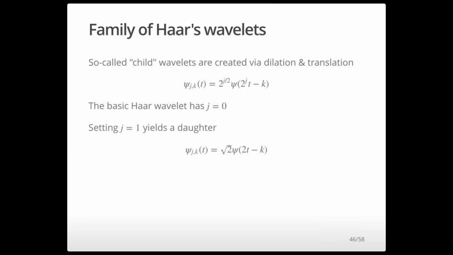So now if we make j equal to 1, we get just one of the daughters, and that daughter wavelet looks like this. Now the amplitude out here is not 1, it's the square root of 2, which is about 1.44, something like that, and we still have this other translation and dilation aspect to it.